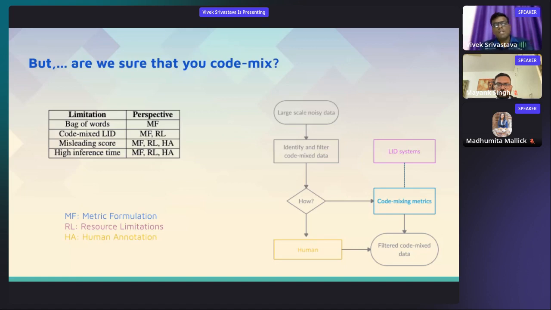Misleading score, we have already seen that there is no consensus between the matrix, so you won't be able to pick one particular metric for a task. High inference time is there, so if you switch from LID system to this path of human annotation, there is a high inference time that you will suffer here. Also, the cost is also very high, so this path is also not feasible to take.